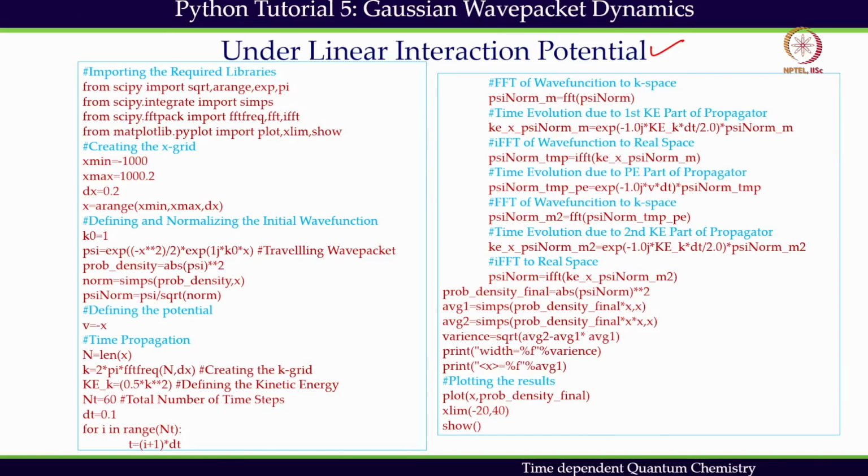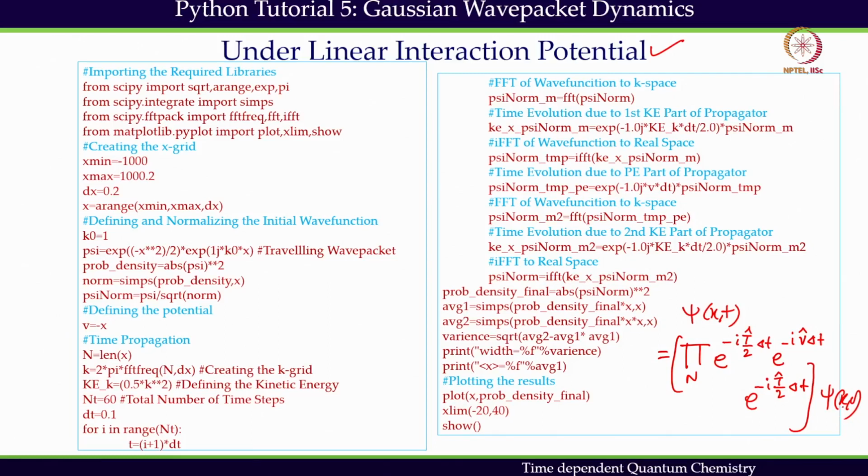One more time we can write down that split operator equation, which is psi(x,t) equal to n products of this short time propagator: e to the power minus i T by 2 delta t, where in atomic units h cut is 1, multiplied by e to the power minus i V delta t, and then e to the power minus i T by 2 delta t, and then psi(x,0).